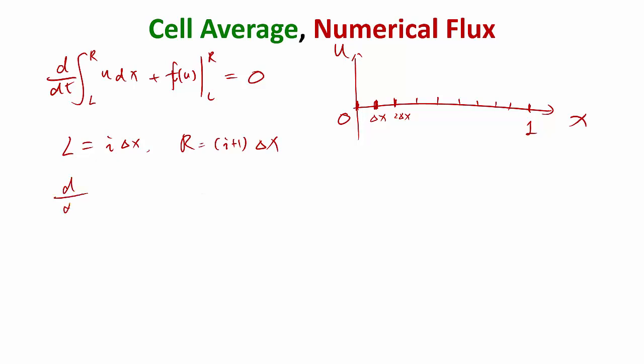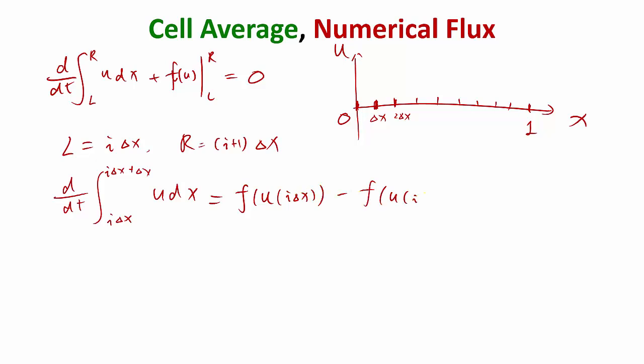And the d/dt of that is equal to the value of the flux function f of u at the left, which is i delta x, minus f of u at i delta x plus delta x.